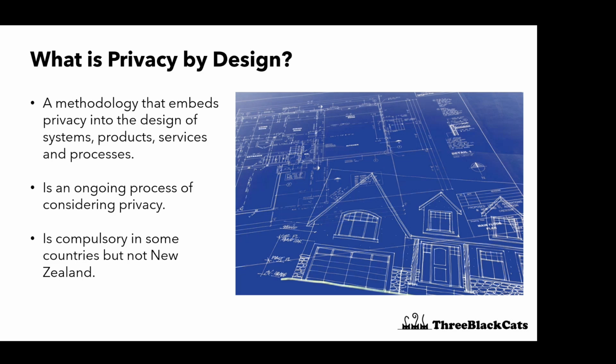But we're saying privacy by design is an ongoing process. So it's not something we do once in a project or initiative. It is something we do throughout the life cycle.